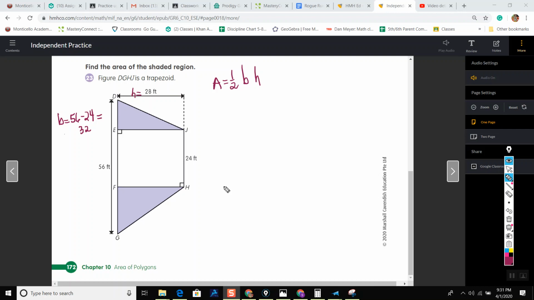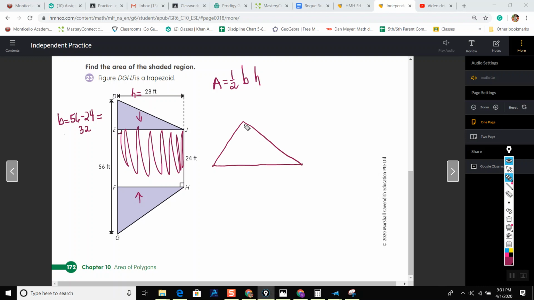So if I remove this section right here, if I just took it out and pushed these two together and made a great big triangle, right? And so my triangle would look kind of like this. So here's the two sections that I had.